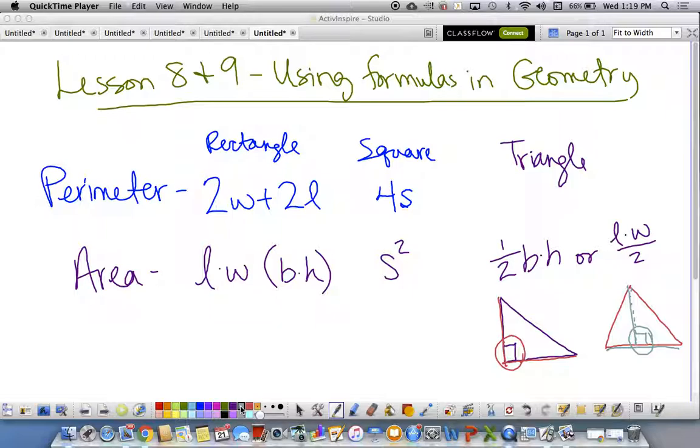What about an obtuse triangle while I'm drawing triangles? They draw a little dash line up here, put a right angle mark. Where's your base and your height? Height and base. Here's a hint, here's a secret. You will never, ever use a slanted side.